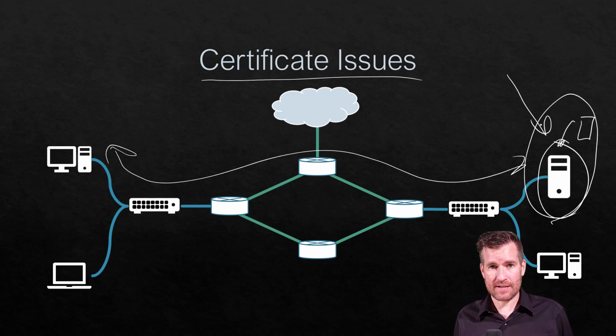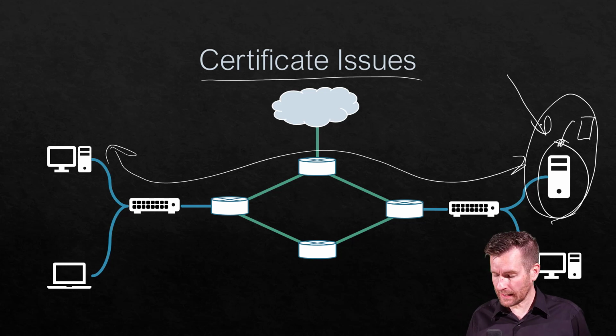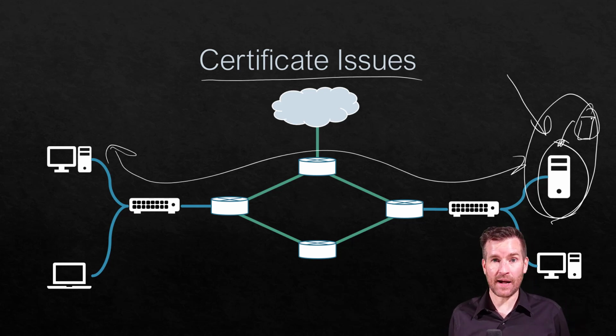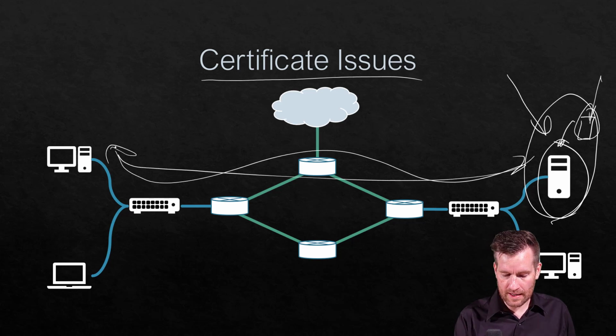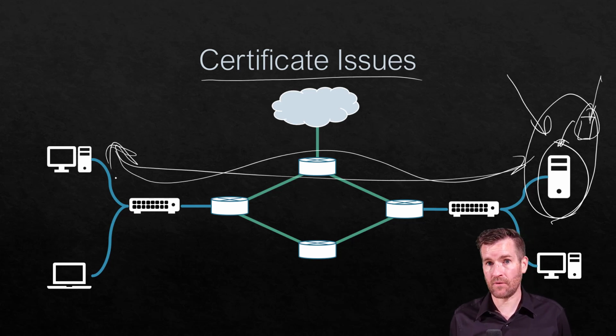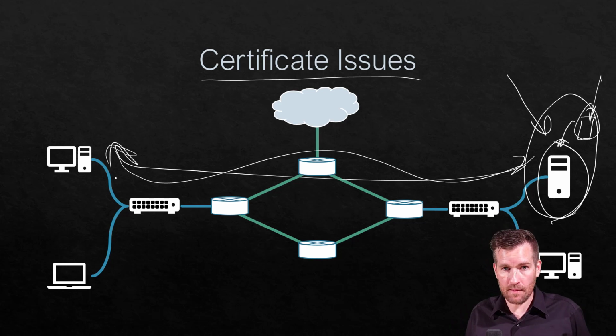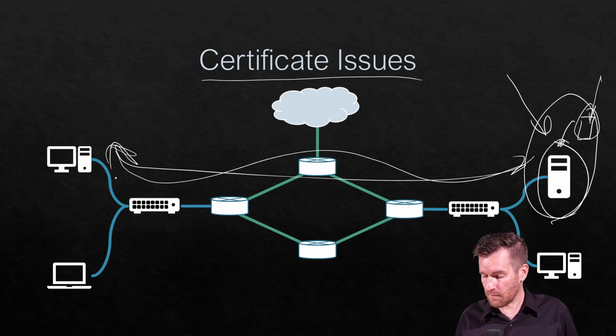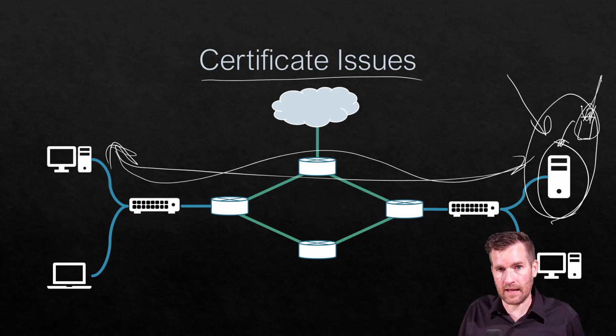We're not going to get in depth into certificates right now, but just realize that these certificates can expire, or they could be the wrong certificate for the machine, and you will get warnings and messages because of those certificates that could cause problems on your network and should be taken seriously. It's pretty important for those certificates.